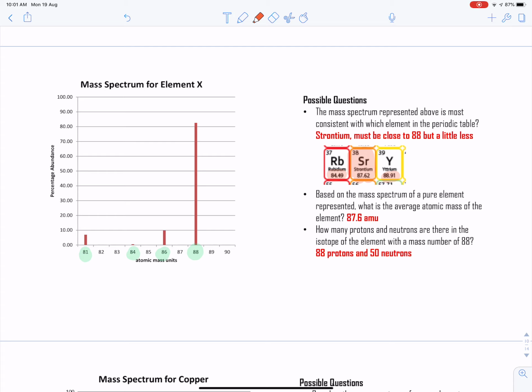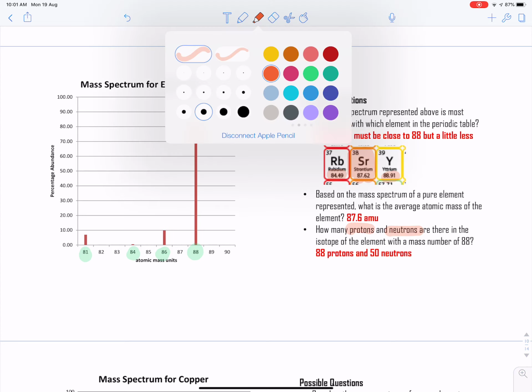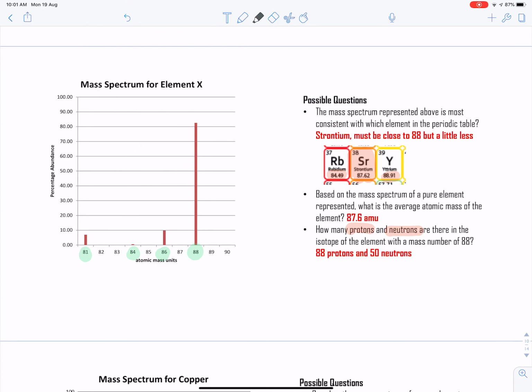Then, let's look at the third question. How many protons and neutrons are there in the isotope of the element with a mass number of 88? Since we know that this is already strontium, this is going to be strontium-88. And we know that the atomic number of strontium is 38.